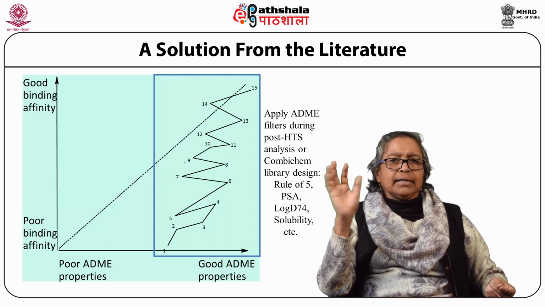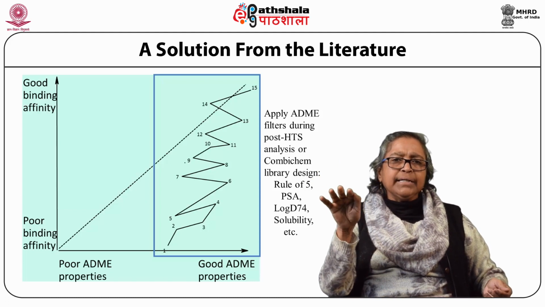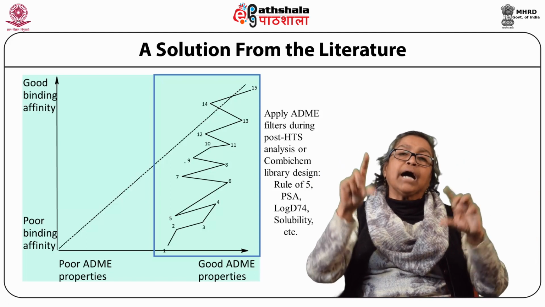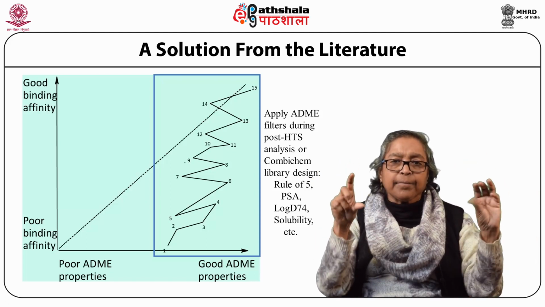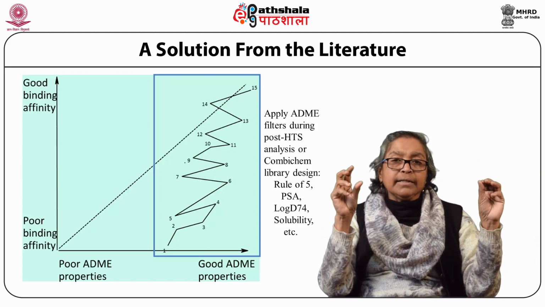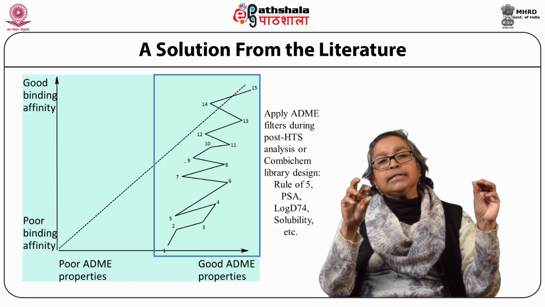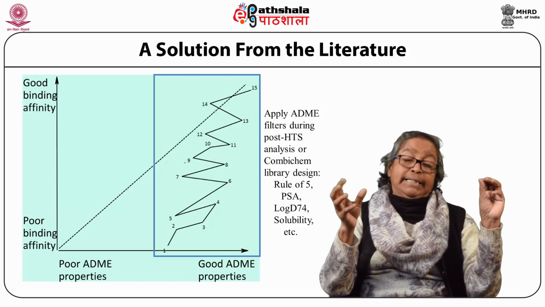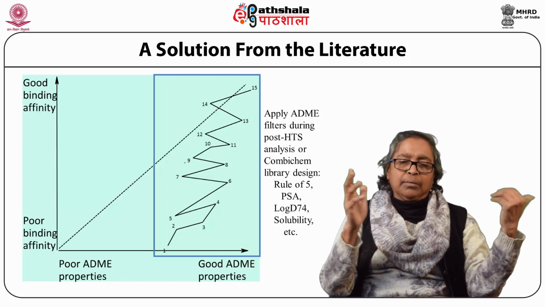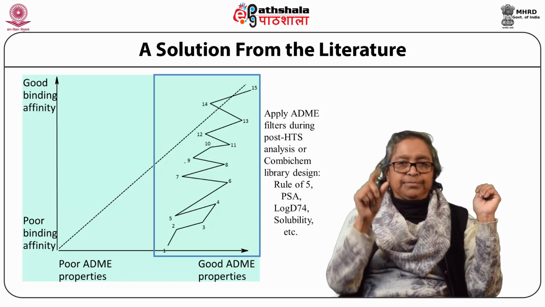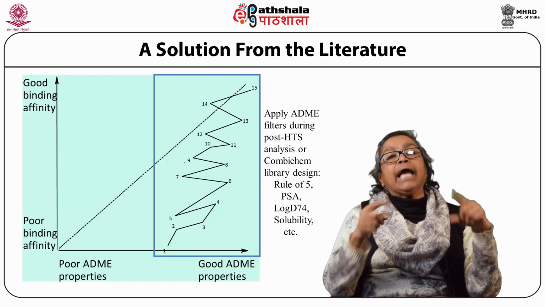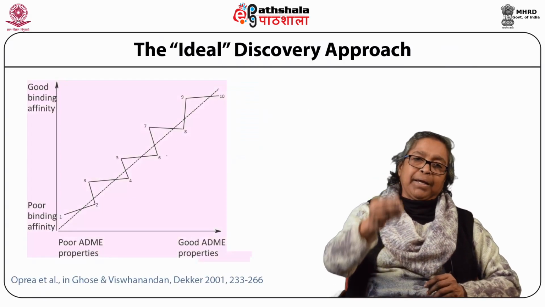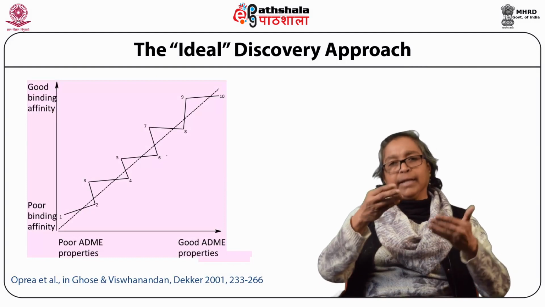This is where good ADME property and the best binding capability, both curves, can map each other. However, it's not necessary that we use only the ADME property rule of 5 and log D7, etc., or solubility, which I have not discussed much in my modules. Simultaneously achieving all these steps is what should be the actually expected solution, which is shown in the next slide.